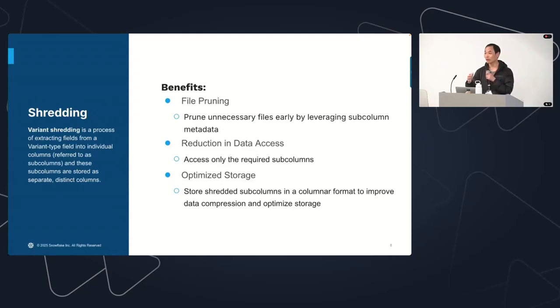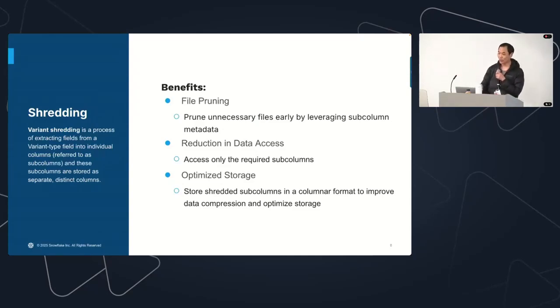For example, file pruning. We're also going to build the metadata. I think Sandeep also talked a little bit about metadata, right? For a subcolumn, we do the same thing: we collect the metadata. With that, we can prune the files which don't fall into the min-max, for example.